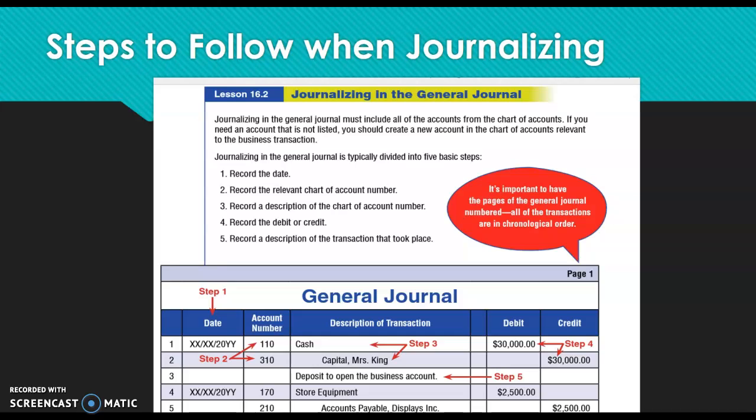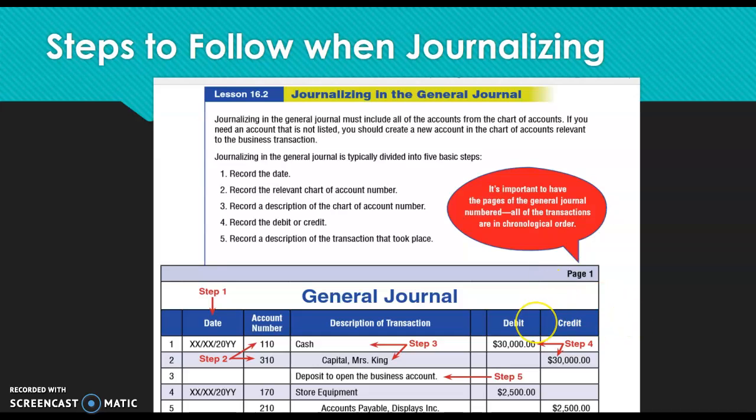Now, one thing that we have not done yet is over here, you see highlighted in red, it says it's important to have the pages of the general journal numbered. All the transactions are in chronological order. That means they're in date order, kind of like a diary.